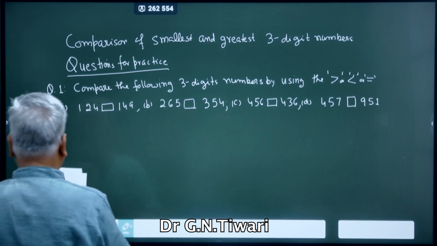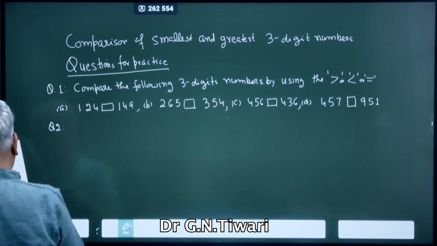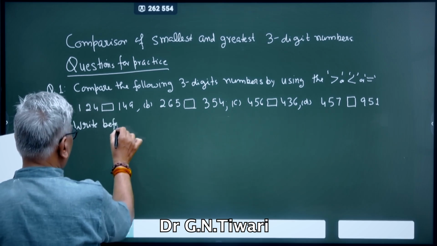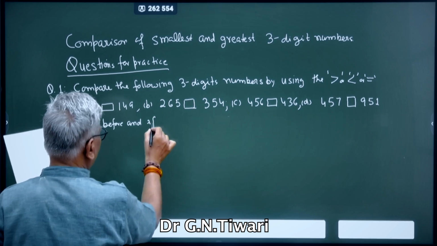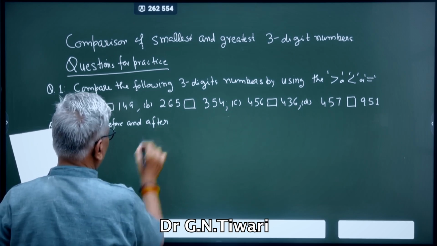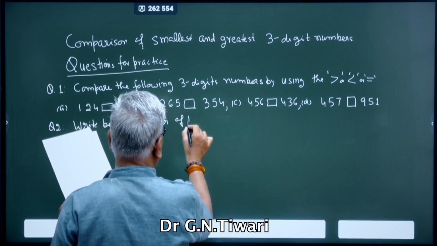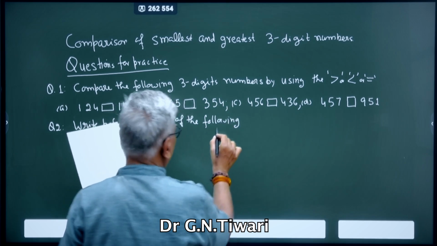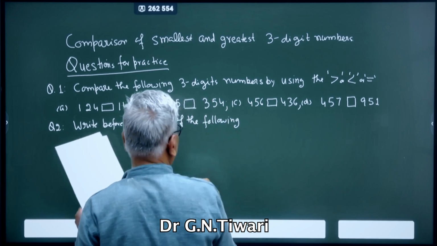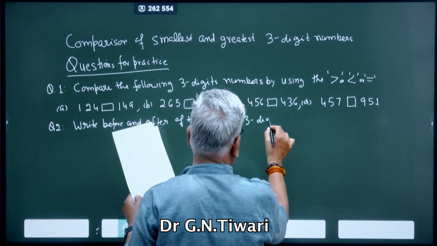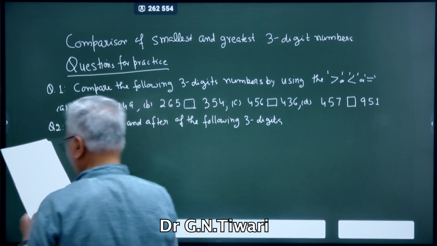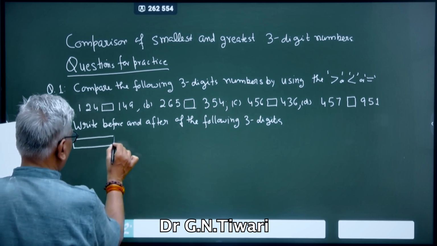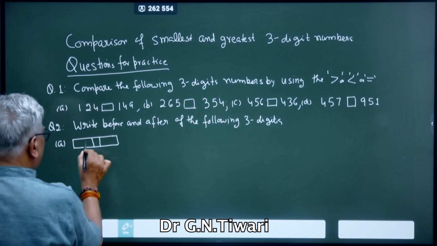Now, question 2. Write before and after of the following three digits. अब देखिए A, 310.